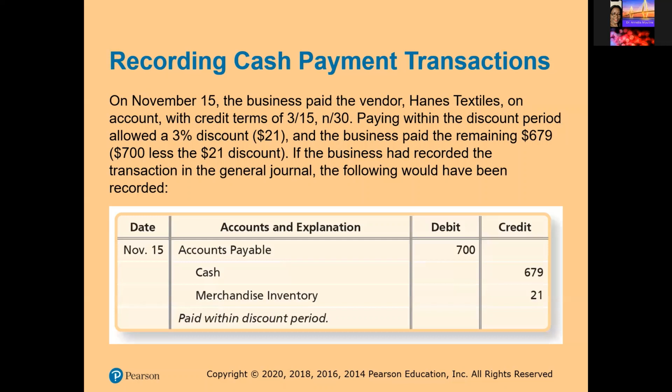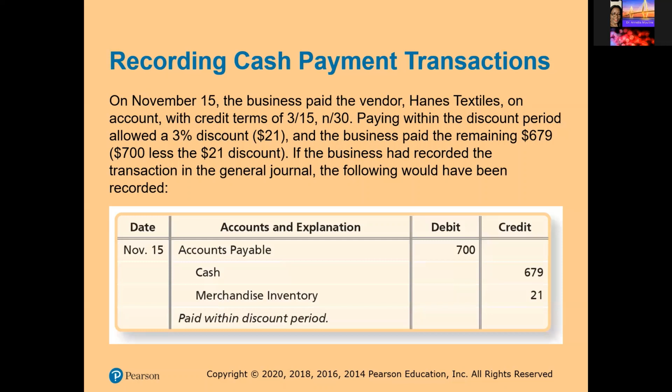Here in this slide, it shows the journal entry if the transaction had been recorded in the general journal. Instead, the business will record the transaction in the cash payments journal. The entry will be recorded by entering the $679 in the cash credit column. The accounts payable debit column will be recorded for $700, and the discount of $21 will be entered into the merchandise inventory credit column.